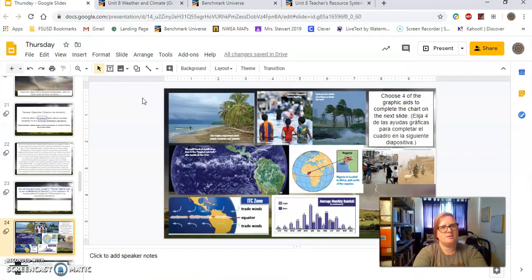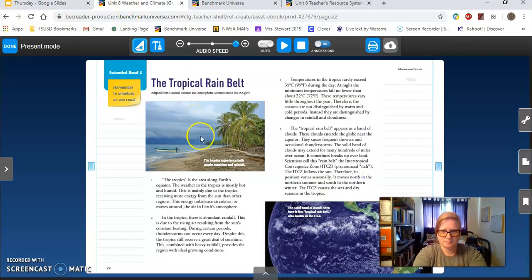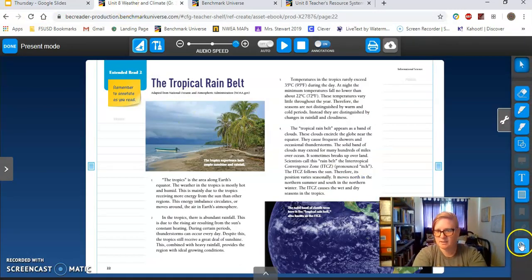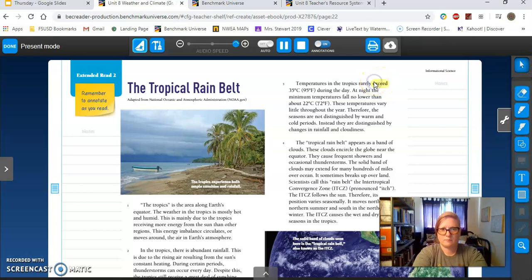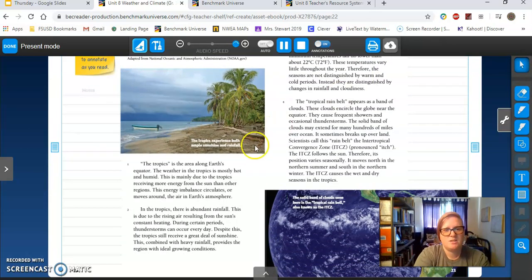So I'm going to go back to the text. I'm going to zoom in a little bit. Okay, so here's the picture. The tropics experience both ample sunshine and rainfall. And I remember when I was reading this, it didn't really go with the first paragraph, but I'll reread it again.